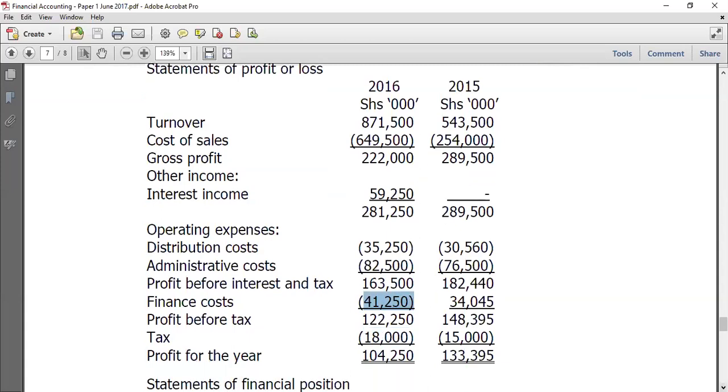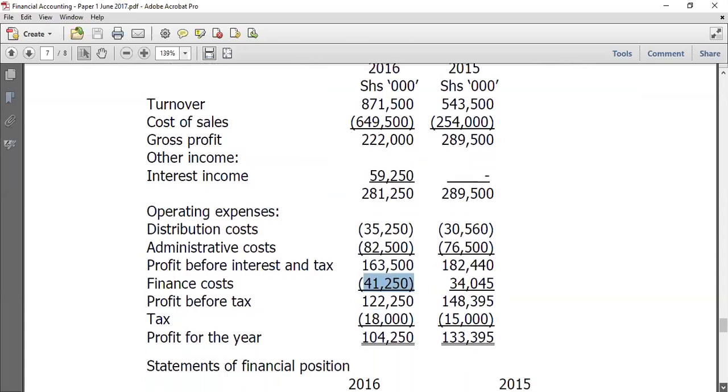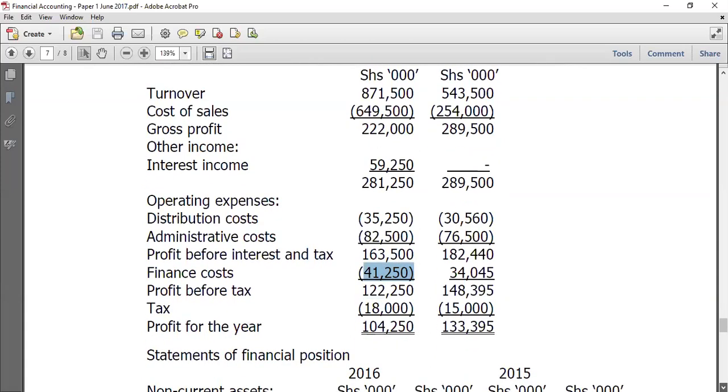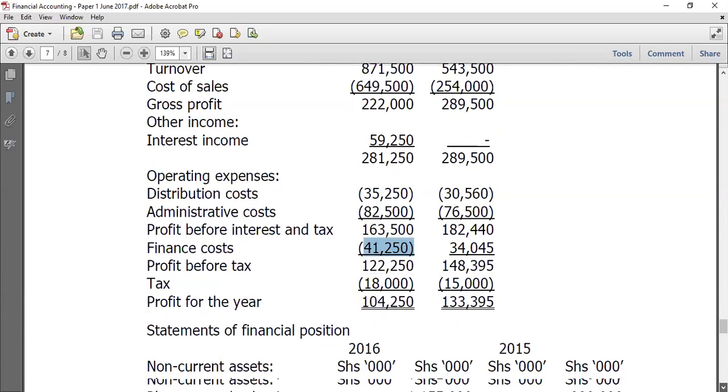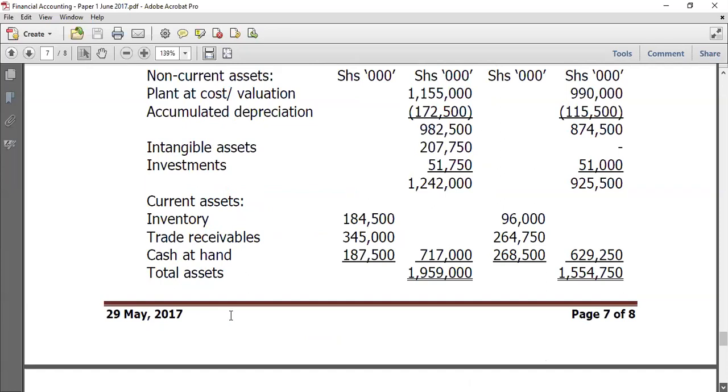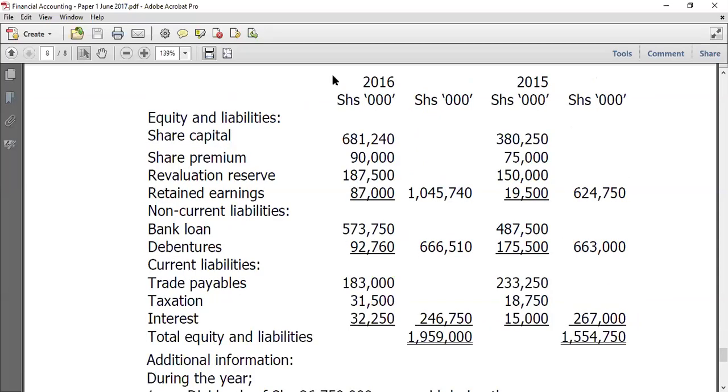Now, like I said, when you come to your statement of financial position, yours is to find out whether you have anything under your liabilities. Despite having the other figures in your P&L representing the finance cost or interest for the period and the taxes for the period, whatever you find in the current liabilities is the portion of those two things that has not been paid by year end.